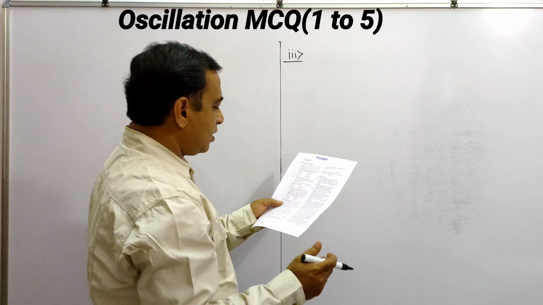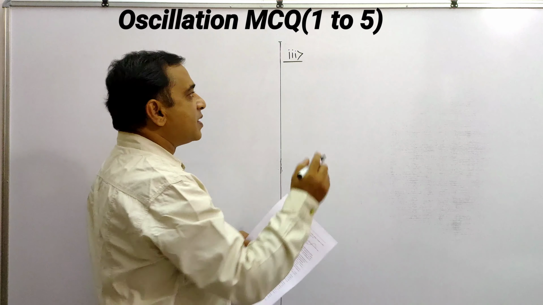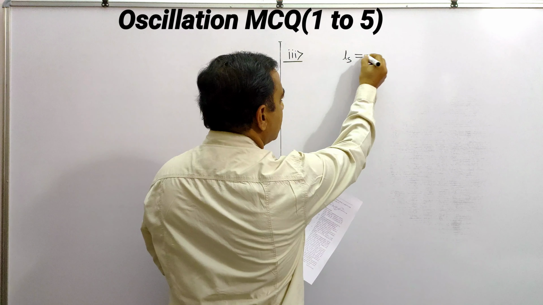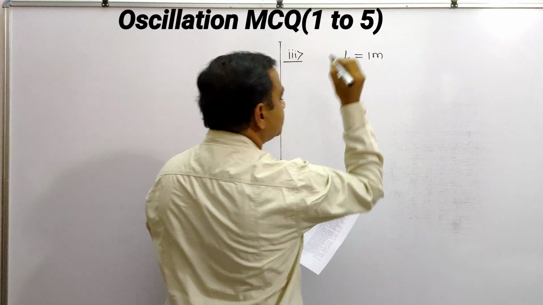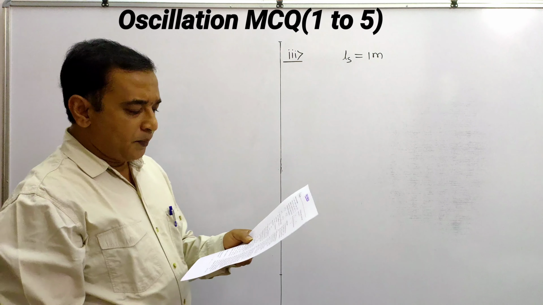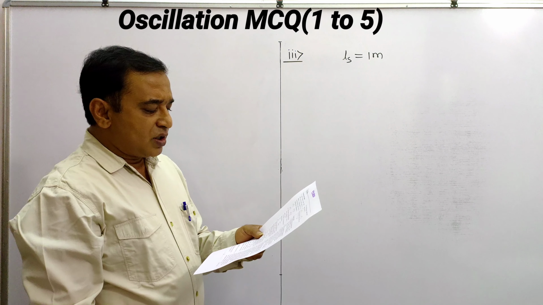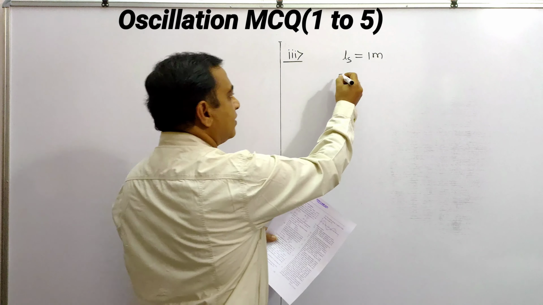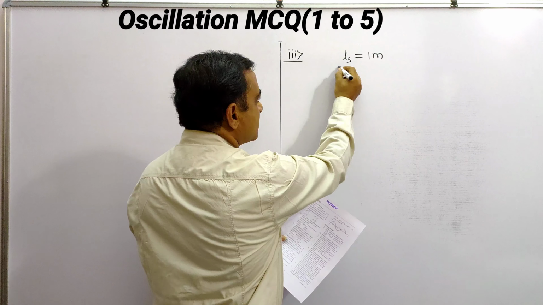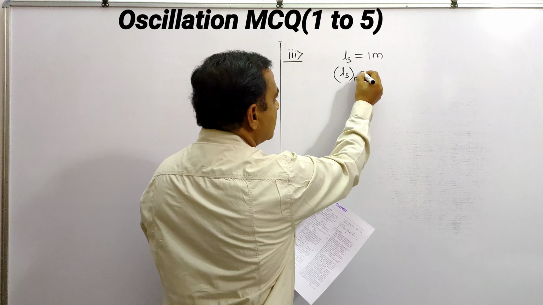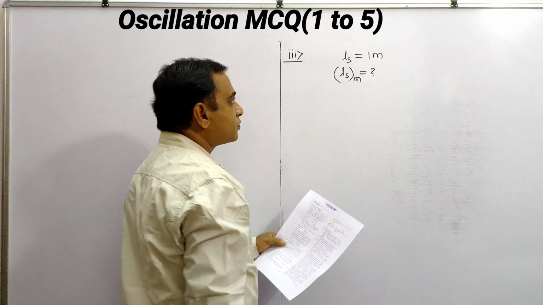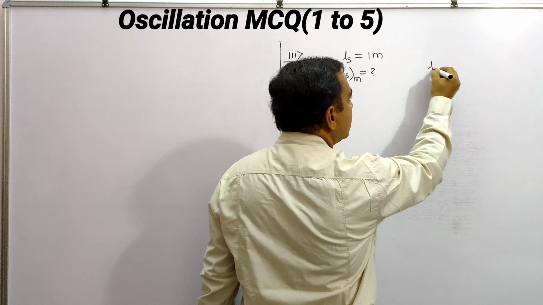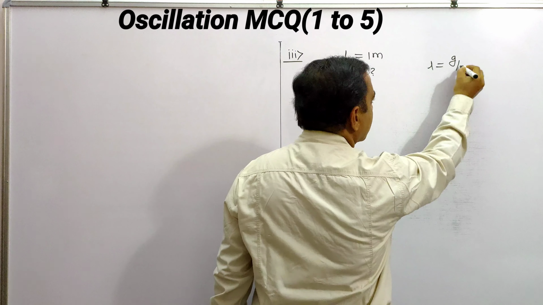Here it is given the length of seconds pendulum, which I am going to write as 1 meter. If it is 1 meter, its length on the surface of the moon should be how much? So the length of the seconds pendulum on the moon is a question mark. But here the general formula is L is equal to g upon pi square.